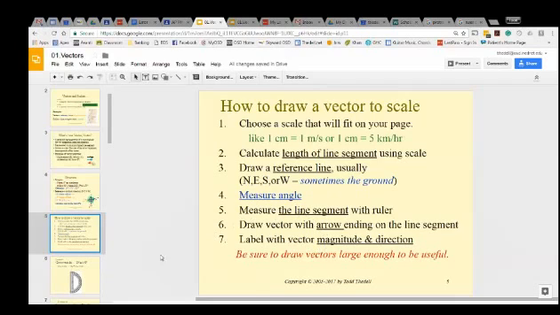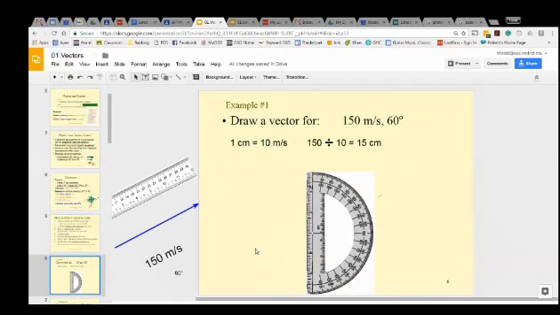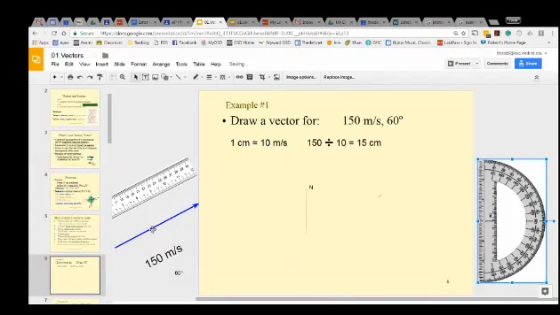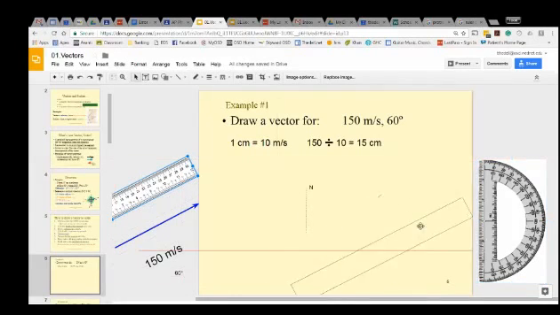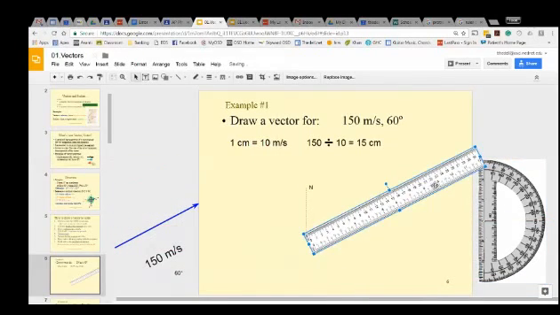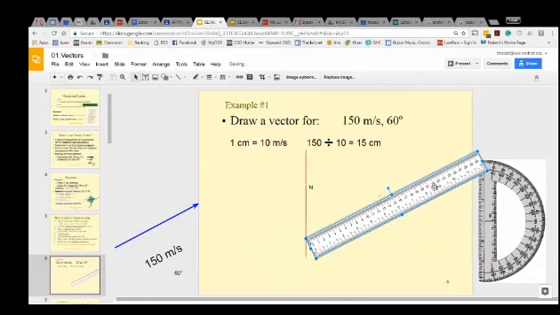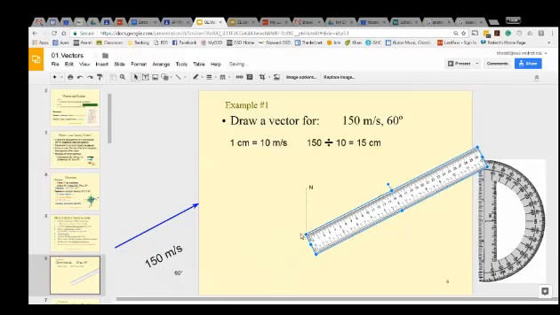The next thing I'm going to measure is the vector with the ruler. I take my ruler out and make sure it's on the centimeter side. I line up the bottom of my reference line along the line, so you can see this goes right along the angle that I just measured.